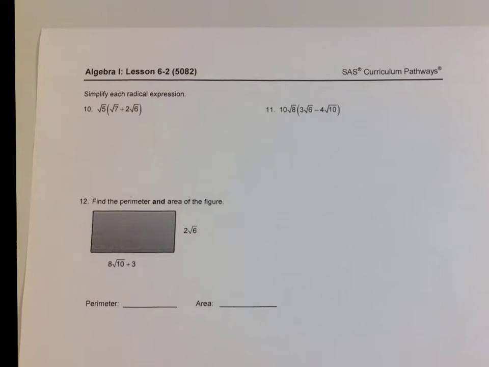Okay, I'm going to walk you through numbers 10 and 11, and then I'm going to let you do number 12 by yourself. Number 10. When we are simplifying each radical expression, you see that you have to multiply for number 10 by using the distributive property. What you have to remember is to multiply the whole numbers first, and then the radicals.